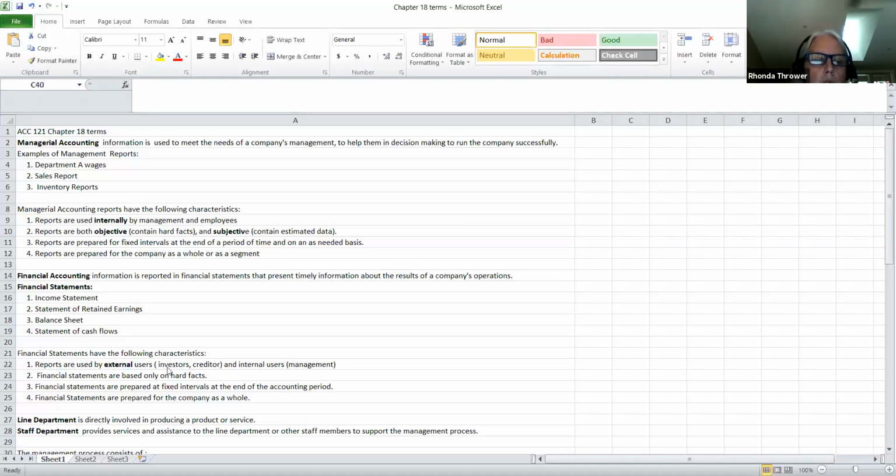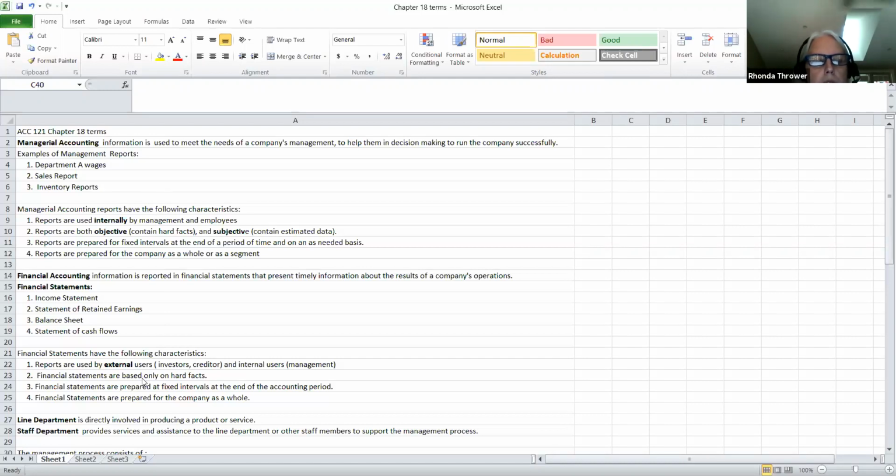Financial statements are also prepared for internal users for management purposes. So financial accounting somewhat overlaps managerial accounting, because in managerial accounting, we're preparing all the reports that management wants us to prepare on an as-needed basis, but we're also preparing financial statements in managerial accounting.